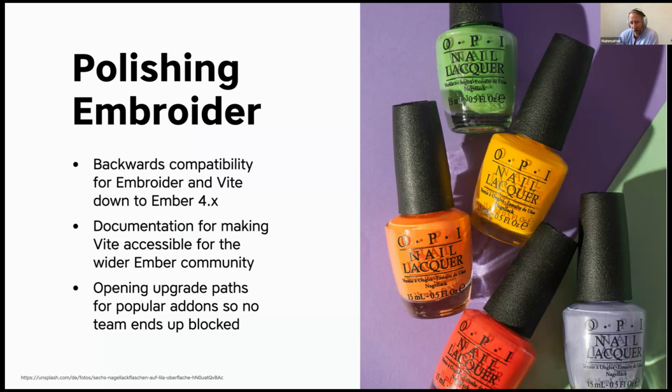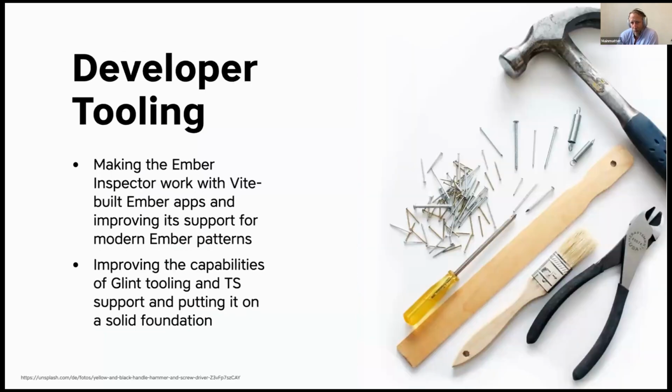A bit related to that is the second topic, which is developer tooling, that we suggest we work on a little bit as well. The Ember inspector probably needs some work to properly function with Vite-built apps, since the output bundle is obviously different than it was before.